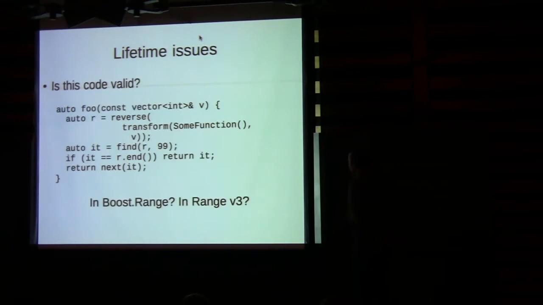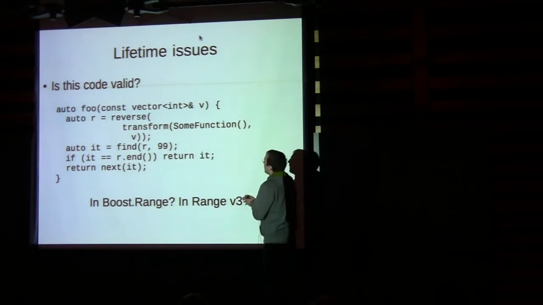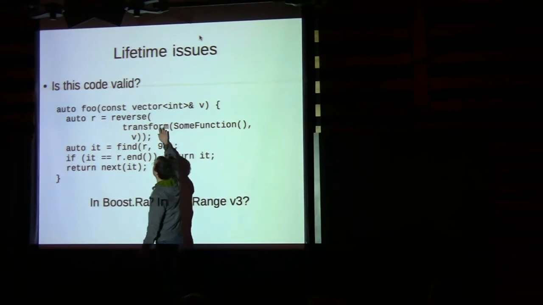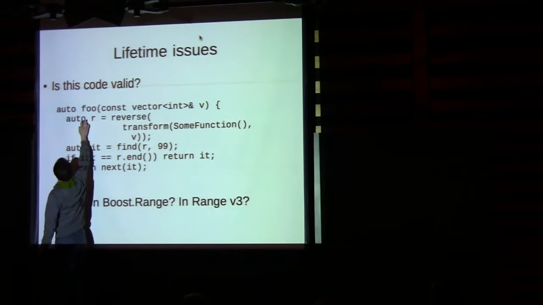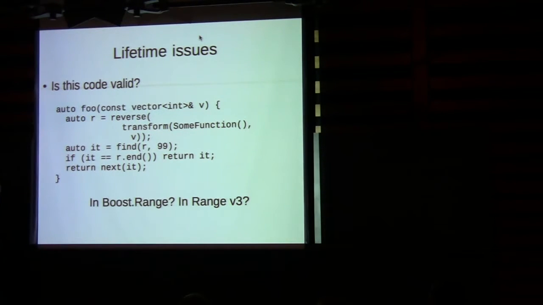For that matter, it doesn't even document whether, if I have this transform adapter and then I wrap it in a reverse adapter and capture that, once the temporary transform adapter goes away, is that adapter we captured still valid? I don't know. It doesn't document it.